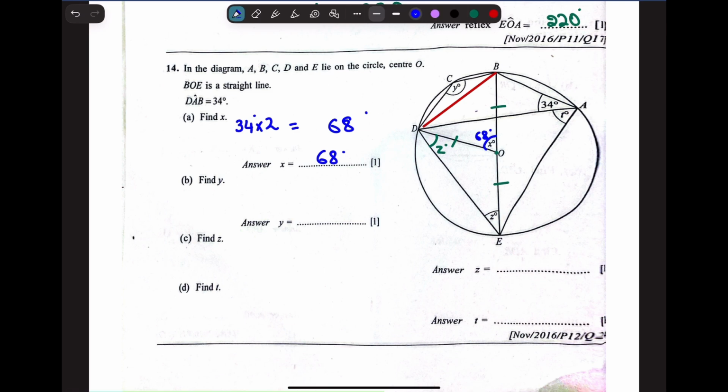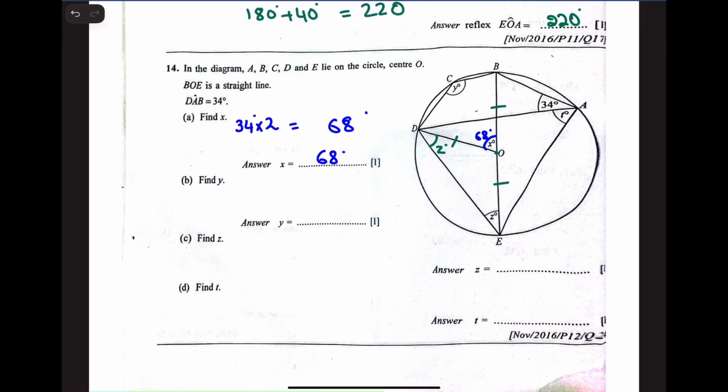Next, we need to find angle y. Let's erase this. Notice that ABCD is a cyclic quadrilateral, so all 4 points are on the circumference.